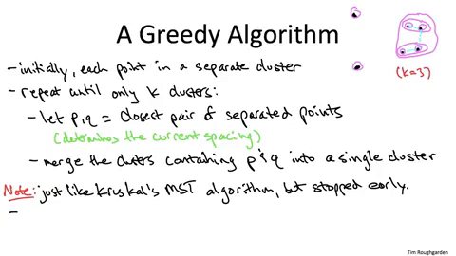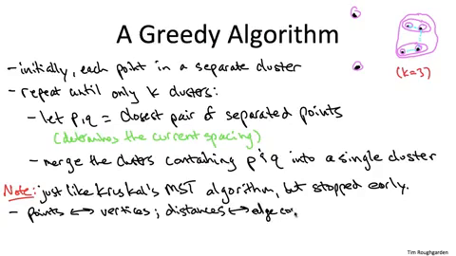Well, the objects in the clustering problem, that is the points, correspond to vertices in a graph. The other part of the input of the clustering problem are distances, which are given for every pair of points. So those play the role that edge costs were playing in the minimum spanning tree problem. Since we have a distance or an edge cost for every single pair of points, we can think of the edge set in the clustering problem as being the complete graph, because we have an edge cost or a distance for every single pair.